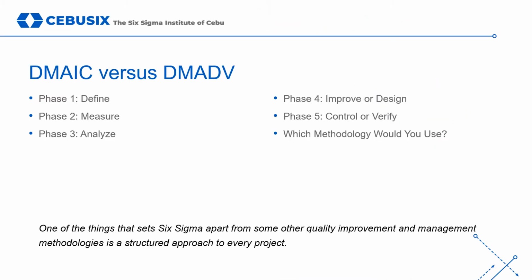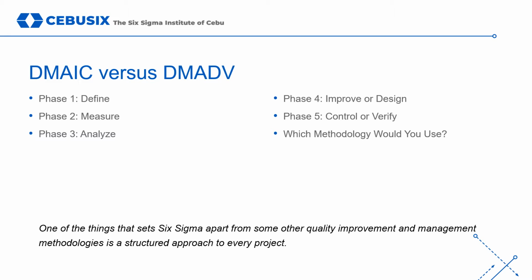One of the things that sets Six Sigma apart from some other quality improvement and management methodologies is a structured approach to every project. In this section, we will discuss DMAIC and DMADV. The major differences between DMAIC and DMADV are the goals the team sets and the outcomes of the completed project.